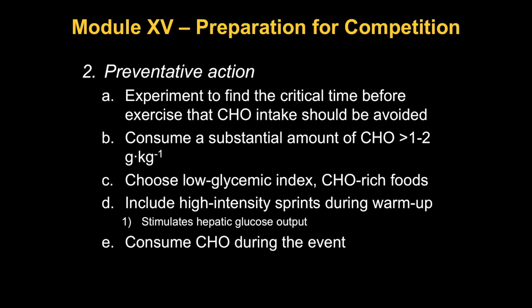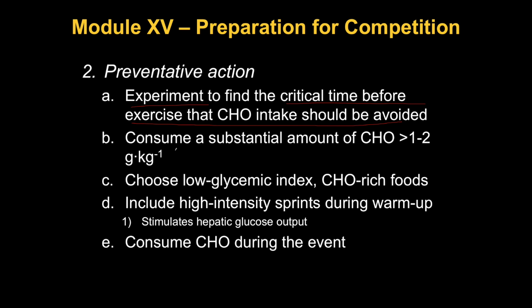So what we'll do is, number one, we're going to experiment with the critical time before the exercise where carbohydrate should be avoided. So you're going to have to experiment a little bit and figure out the timing of things and how far in between carbohydrate feeding and exercise we're going to need in order to avoid this problem.